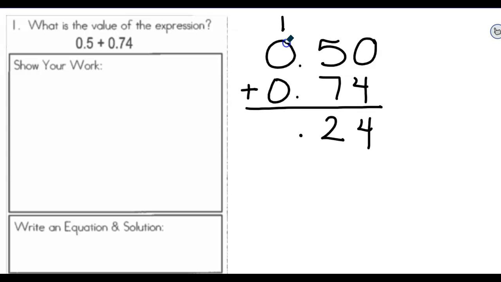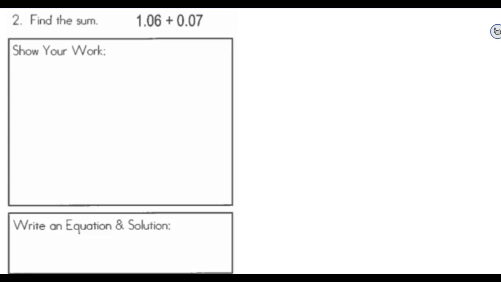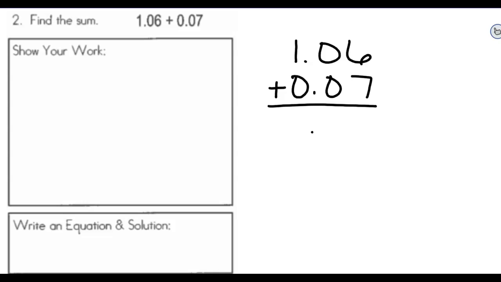I carry that, and it's 1 and 24 hundredths. Next page, find the sum. So I'm going to line my decimals up. I don't have to do a placeholder. I put my 0, 1 and 13 hundredths.